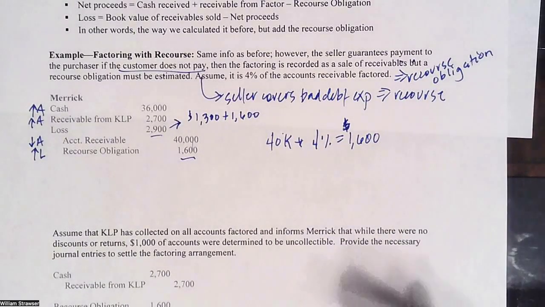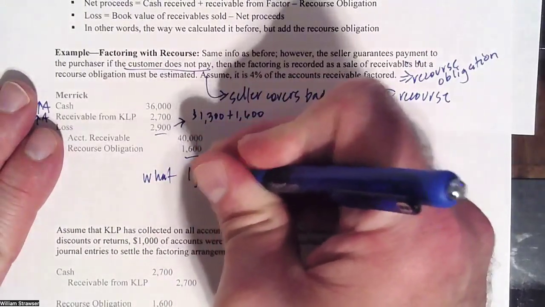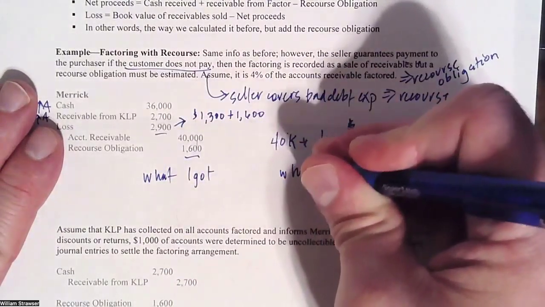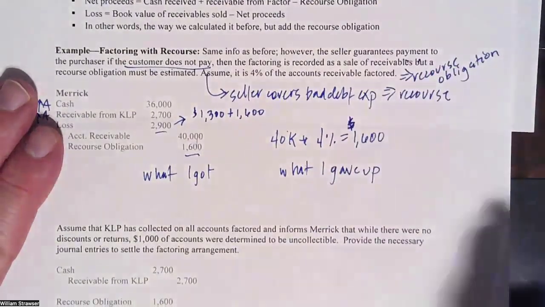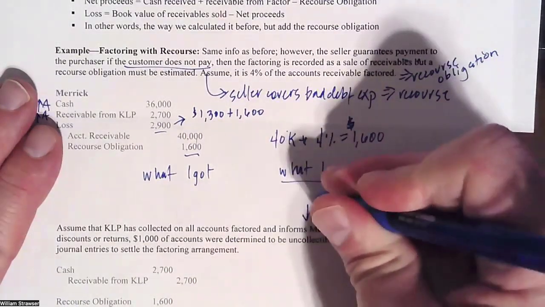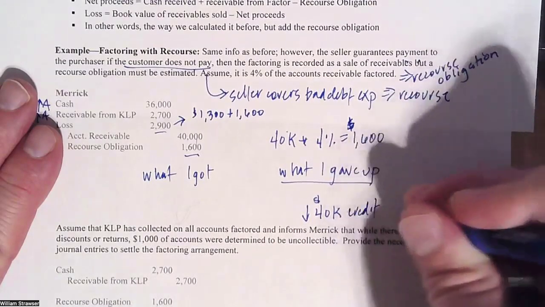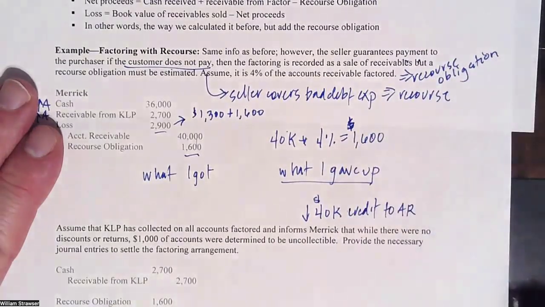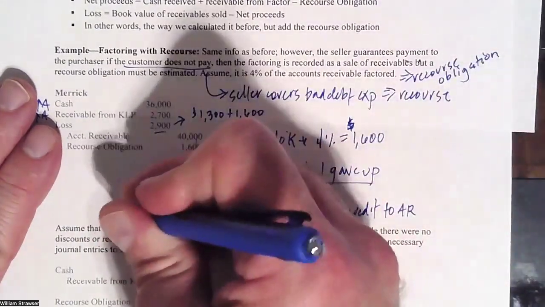But again, let's think about what I got and what I gave up. And there's a little bit of a twist this time because I still gave up $40,000 of receivables. That has not changed. So my assets still go down $40,000 due to the credit to receivable. Right? We still get $36,000 of cash.